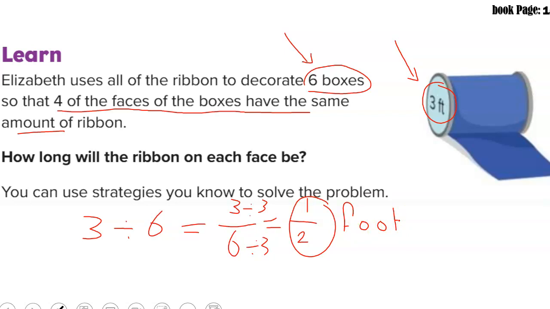Now again, 1/2 of ribbon for each box, but the box itself has 4 faces, so you need to divide the 1/2 foot between 4 faces. To know how much ribbon you need for one face, 1/2 divided by 4, you can write it as a multiplication using the reciprocal.